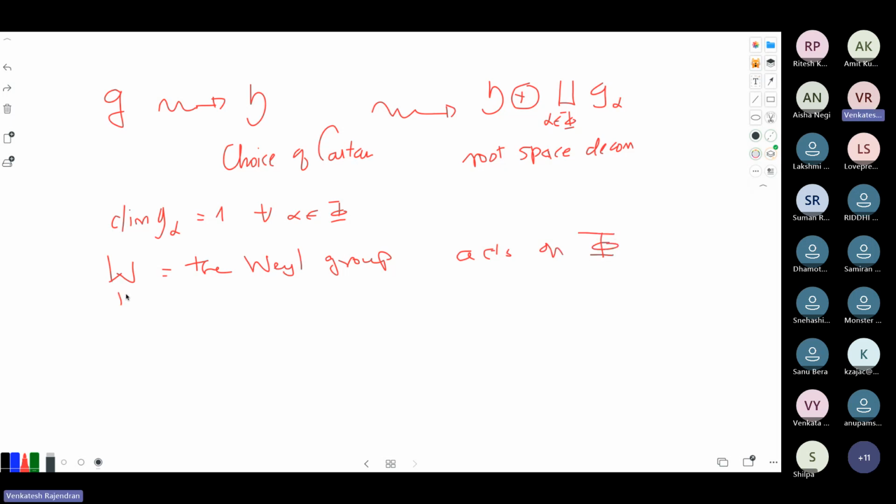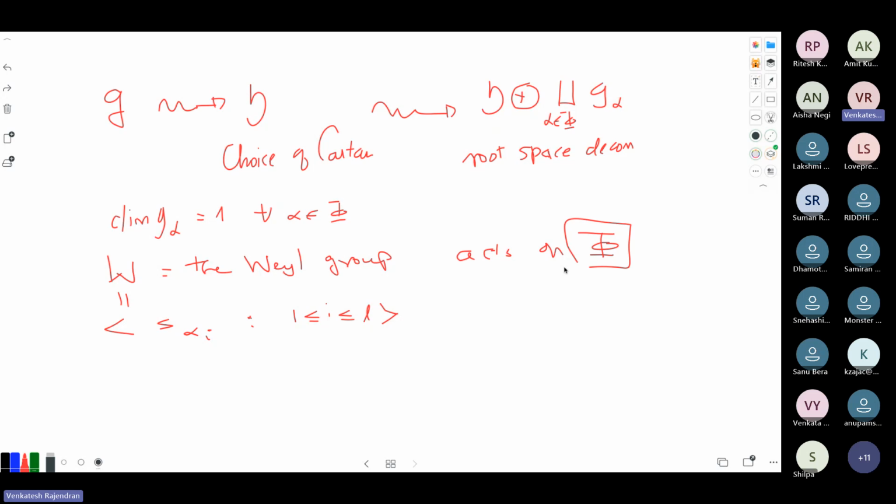And if you think about it, this Weyl group is actually generated by simple reflections. That's a result not that difficult to prove. So you can define this group, and then you can make it act on this field.